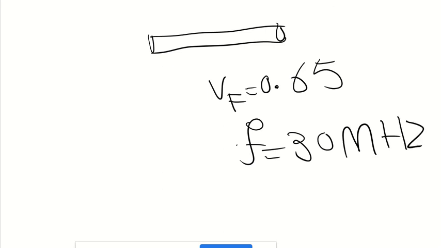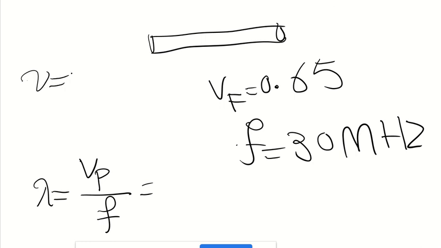Okay, so let's just start. What's the length? I know that lambda is Vp, the propagation velocity, over F, right?